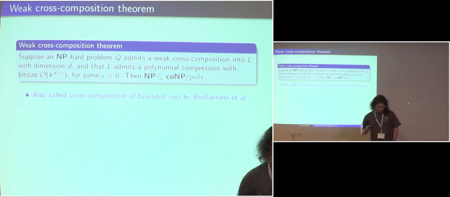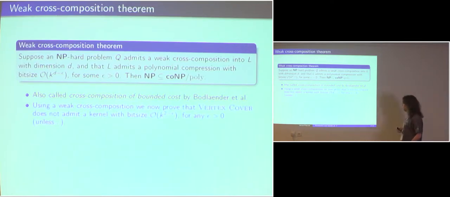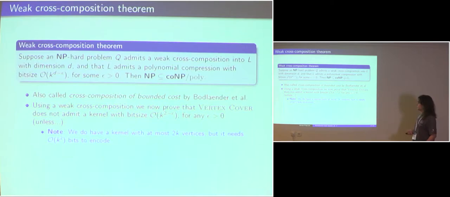So just a notational remark, this is usually called weak cross-composition, but some authors call it composition with bounded cost. So now, as an example, I will show you that you cannot get a subquadratic kernel or subquadratic compression for vertex cover. Yes?